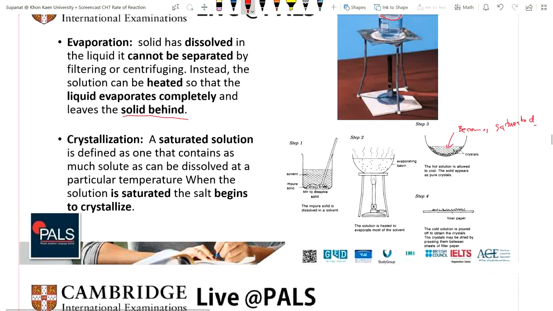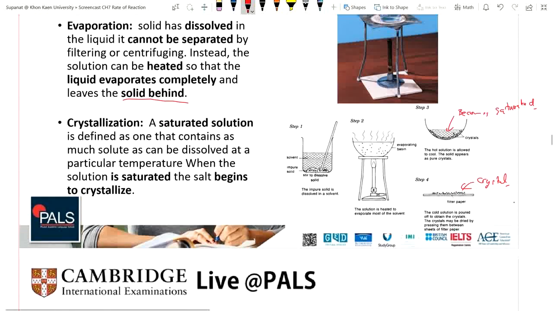The crystals may be dried by pressing them between sheets of filter paper. So then we can get the crystals. We call this method crystallization.